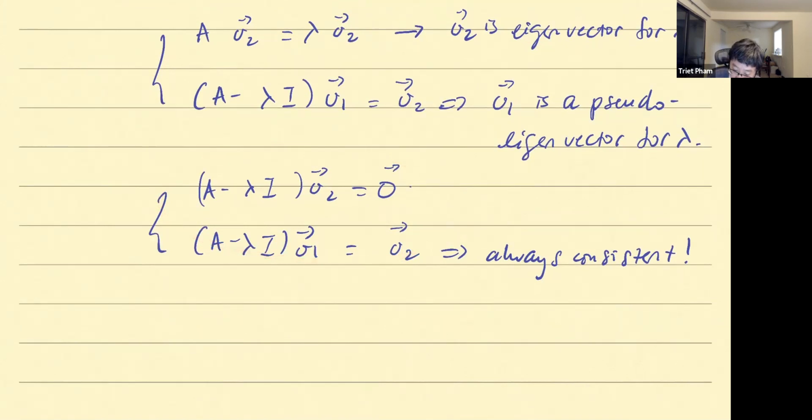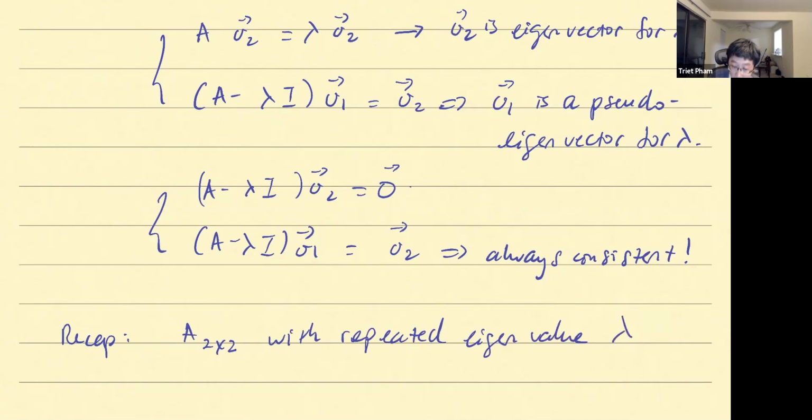Okay, so to recap, suppose A is 2 by 2, with repeated eigenvalue lambda, and only one eigenvector, V2.